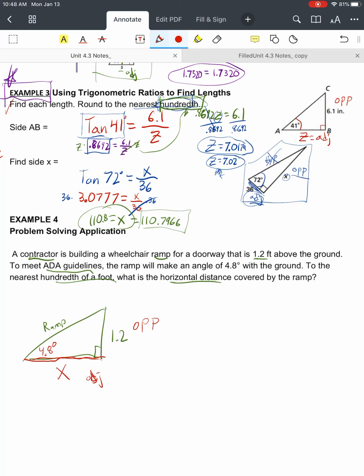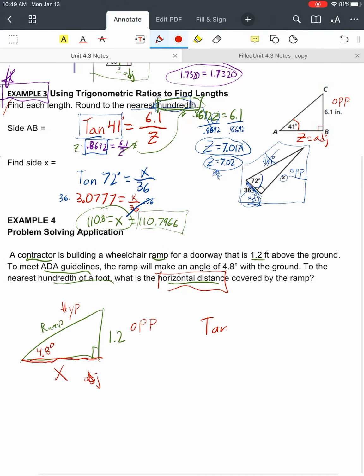We could use a different ratio to find our hypotenuse, and that would help us figure out our materials, but today, since we're just figuring out the horizontal distance, we're going to use the tangent ratio. Because we have an opposite and an adjacent, the tangent of our angle, 4.8 degrees, equals our opposite, 1.2, over our adjacent, which is x.